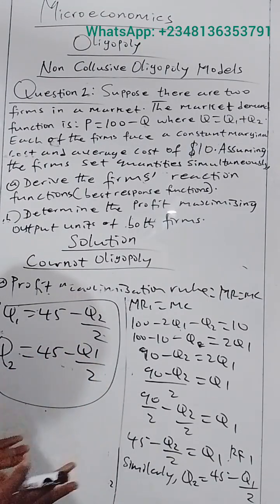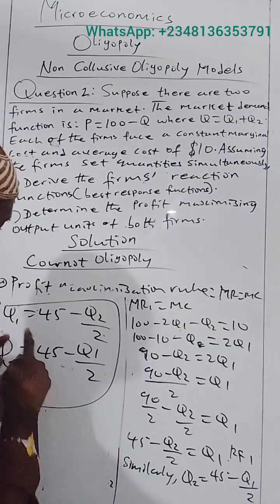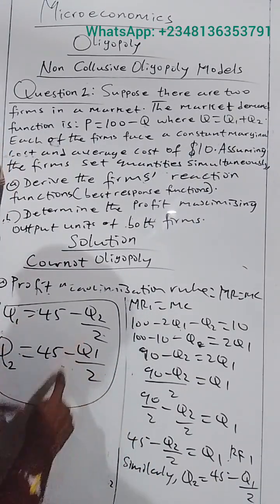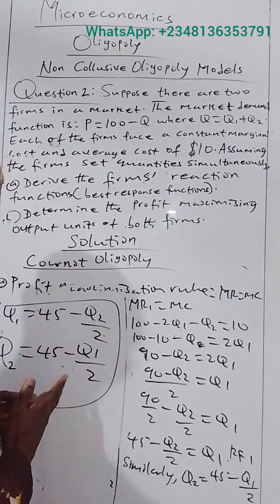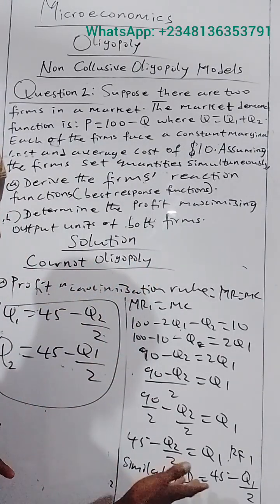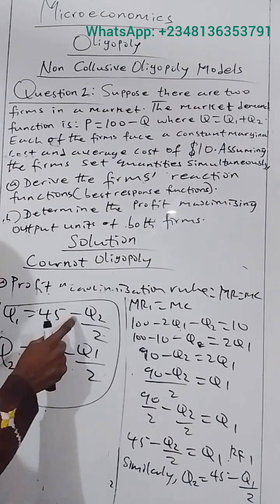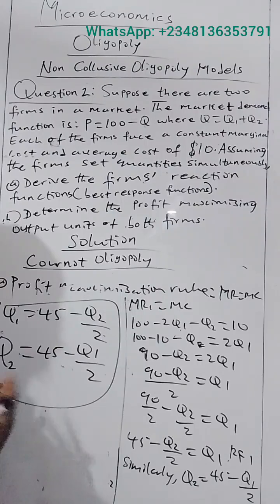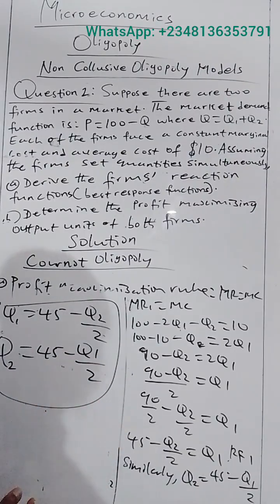Okay, so also note that we only derived the reaction function for firm 1, and because we know that this is a Cournot oligopoly and we know that it is symmetric, therefore, if the reaction function of firm 1 is Q1 equals 45 minus Q2 over 2, since we have symmetry, the reaction function of firm 2 is going to be 45 minus Q1 over 2.